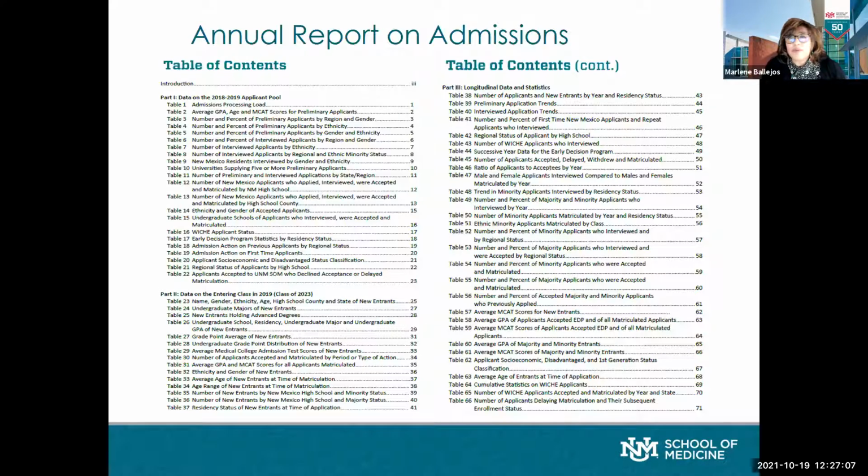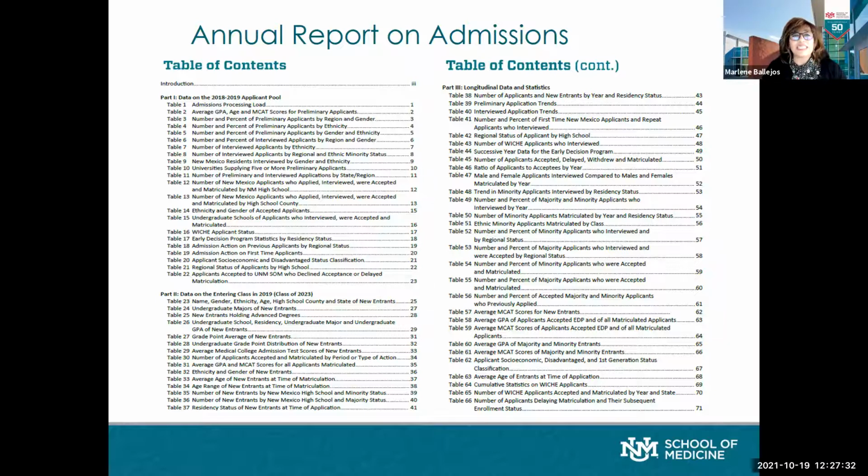This is an annual report that I publish annually. Basically, this report provides data to our admissions committee on the current applicant pool and the entering class, and I always include 10 years' worth of longitudinal data. This allows us to track trends in our applicants and our entering classes, and it provides tables and graphs of all the data that we have.